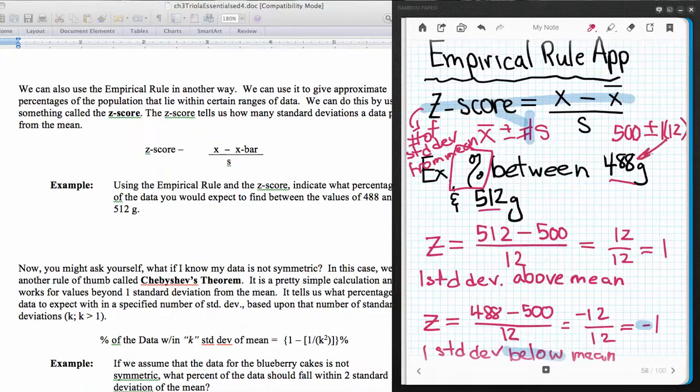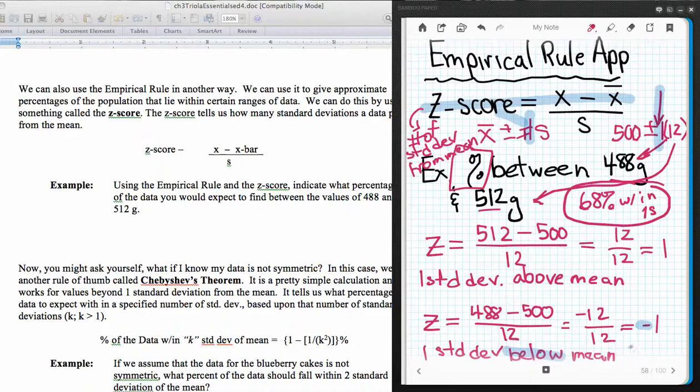That's what gave us these two values right here and here. And because of this being 1 standard deviation, according to the empirical rule, we have 68% of the data within 1 standard deviation of the mean. So we have these values, 488 to 512, and we would expect 68% of the data to be within those values.